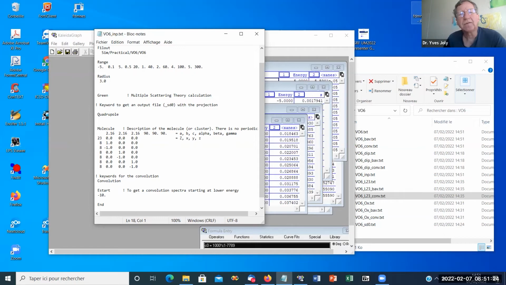Now, it could be interesting to see what happens if we change the interatomic distance. For example, we could make some contraction of 3%, something physical. Like in XAS, if you want to fit the interatomic distance. So if we contract by 3%, we could write 0.97, but more simply, I could write 2.0, 2.1.